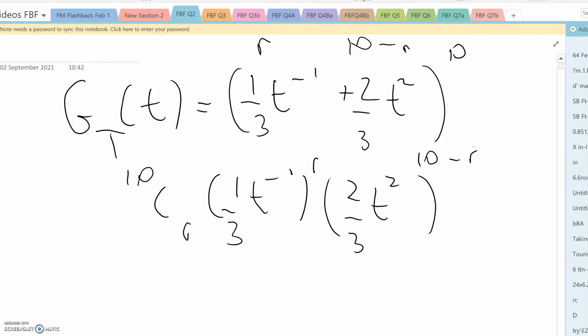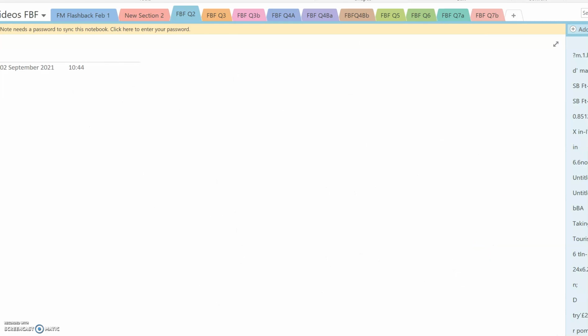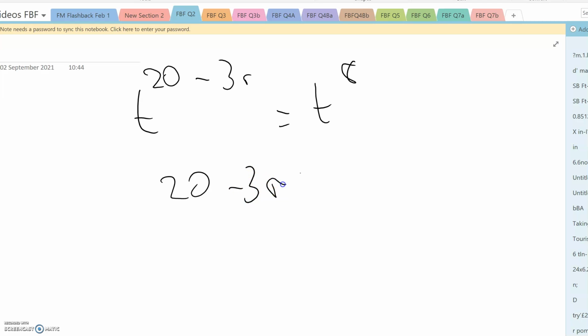We're comparing powers of t: t to the -r times t to the 20 minus 2r, and that's got to be the same as t to the 8th. So t to the 20 minus 3r is t to the 8th, and that means 20 minus 3r is 8 and r is 4.